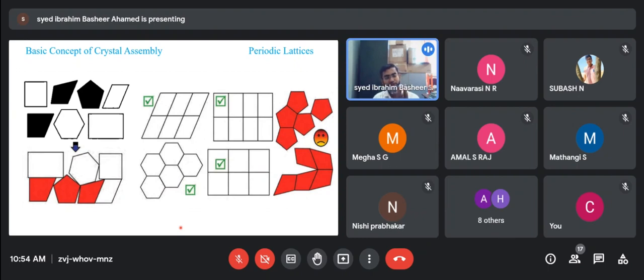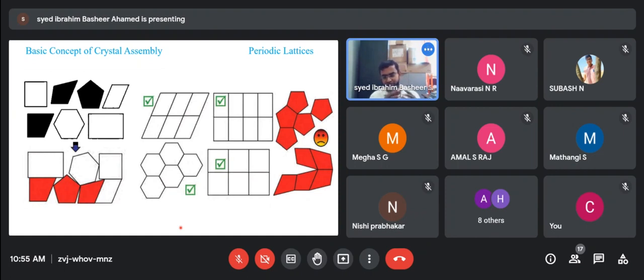If you have an irregular arrangement, what will happen? One layer will form in one direction, another layer will form in another direction, another in yet another direction, right? As a result, you will have a twinned crystal. You will not get a single crystal, but you need to have a proper crystal.